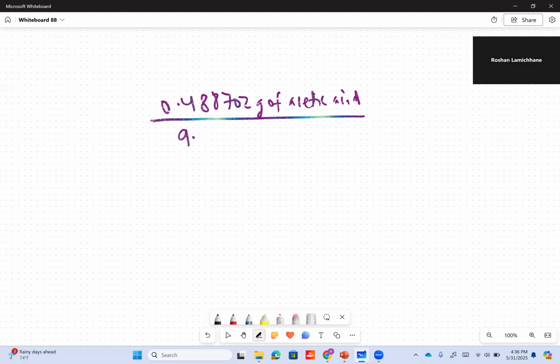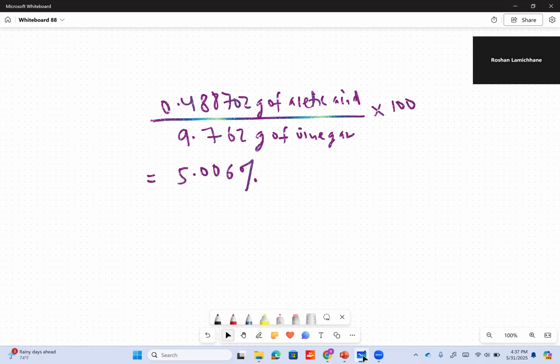So 0.488702 gram of acetic acid, and the vinegar sample had a mass of 9.762 gram of vinegar. You multiply by 100, that will give you my percent by mass of 5.006%.